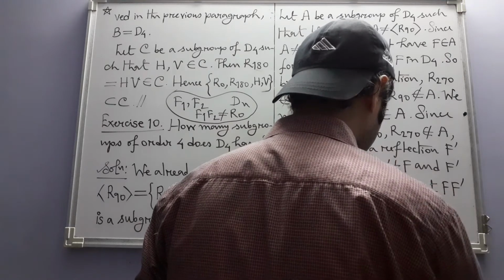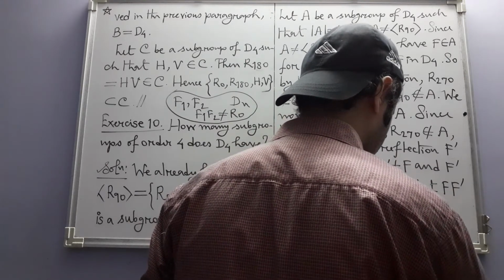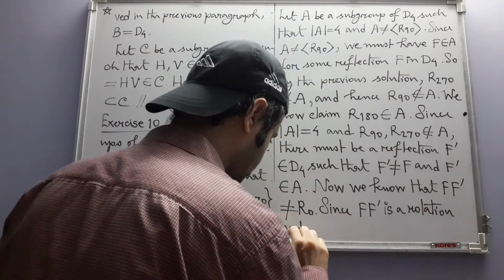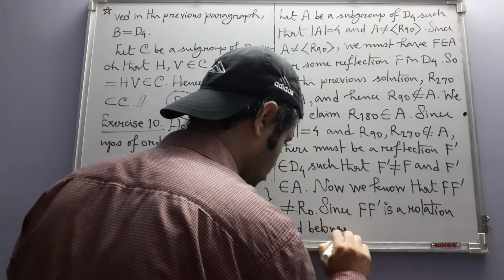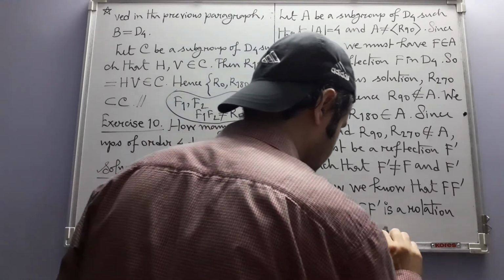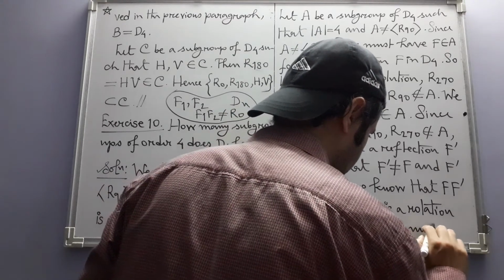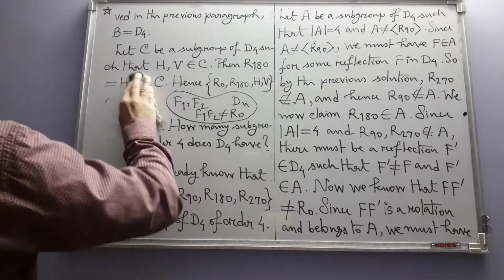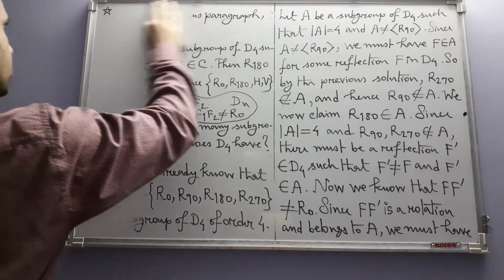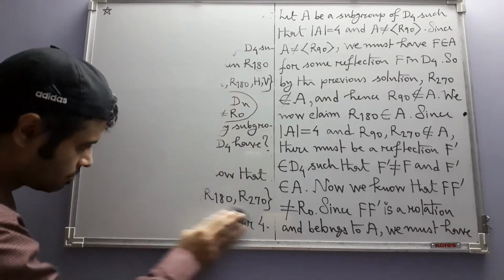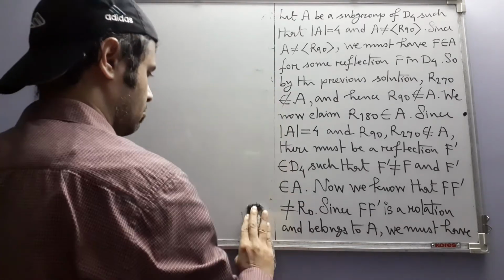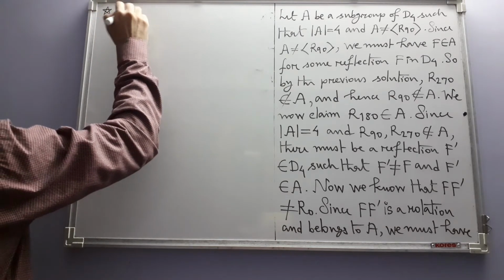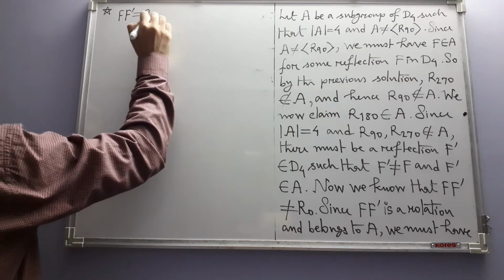Since f prime is a rotation and belongs to A, we must have this equal to R180.